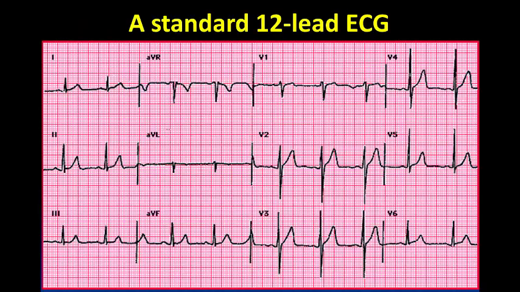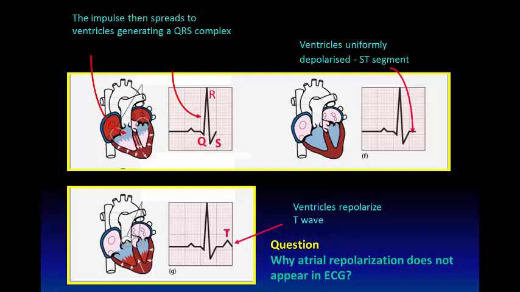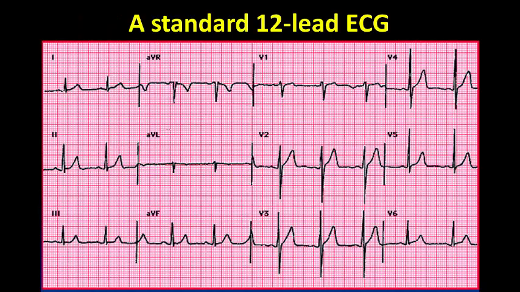So we have finished with recording lead AVL, and we can record the remaining leads separately as I mentioned. However, for the convenience of the patient, we record all the 12 leads simultaneously at the same time, and this is a standard 12 lead ECG.